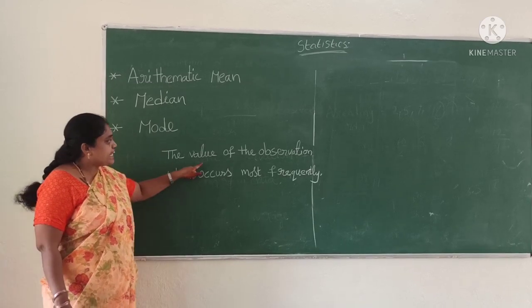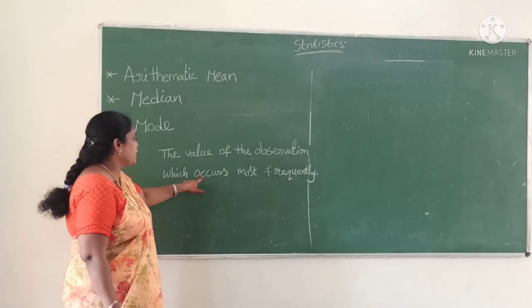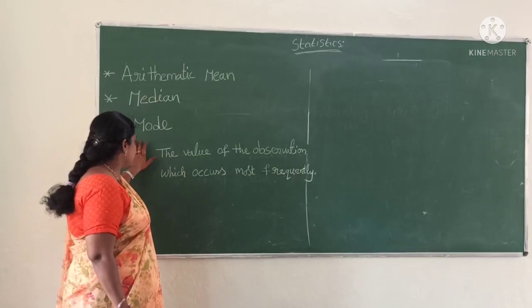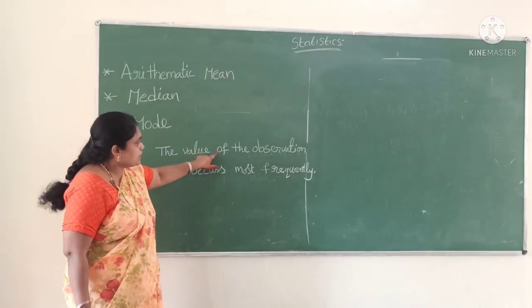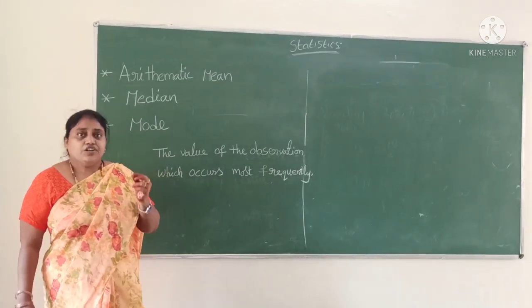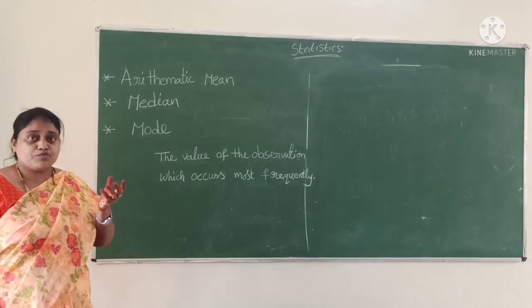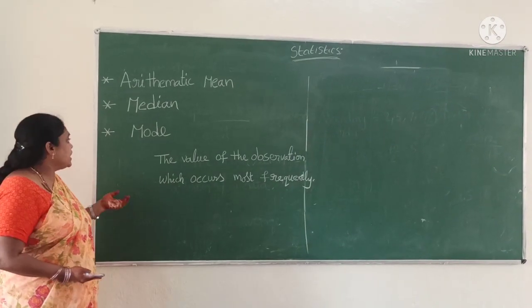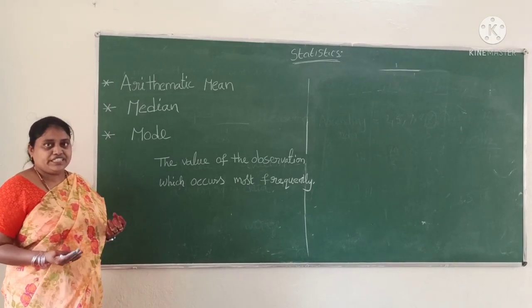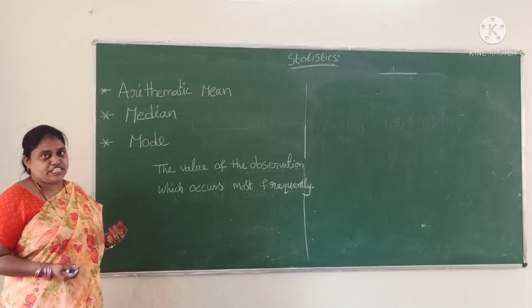Mode is the value of the observation which occurs most frequently. The observation which comes most frequently is called mode. Okay, most frequently means. Now let us take one example.